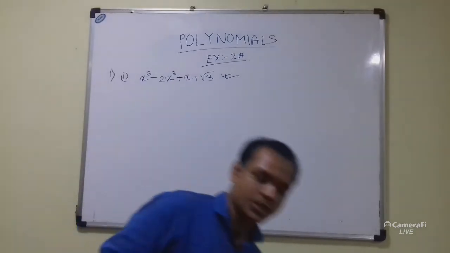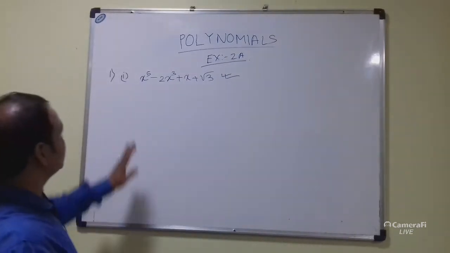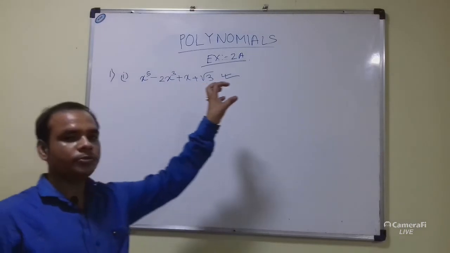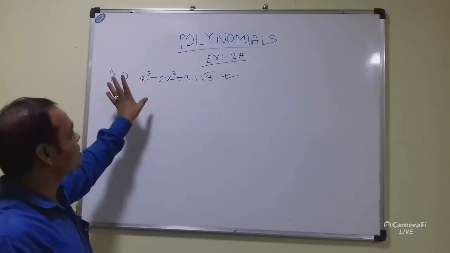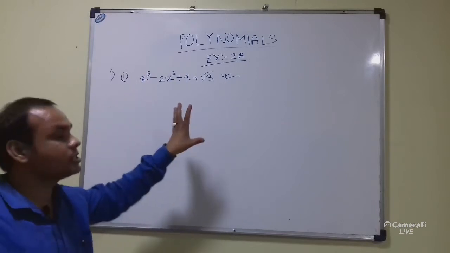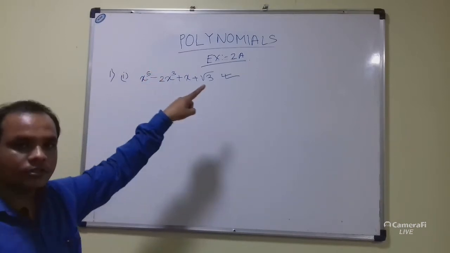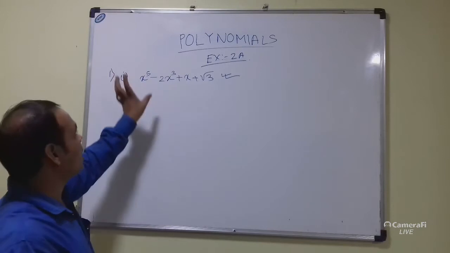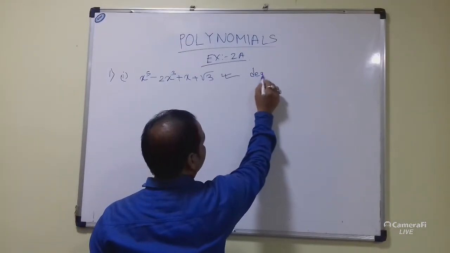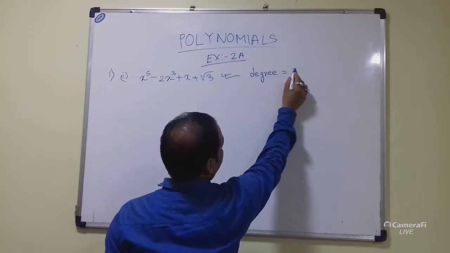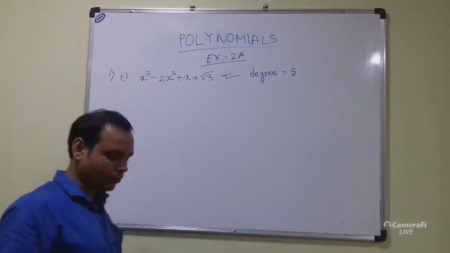And what is its degree? Here it is a polynomial in x. You can see that the highest power, that means highest exponent, is 5. In this polynomial the highest power is 5, so that's why its degree is 5.